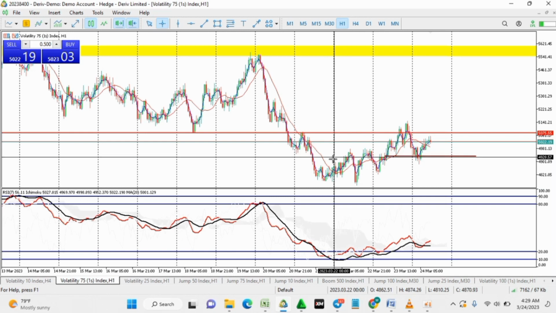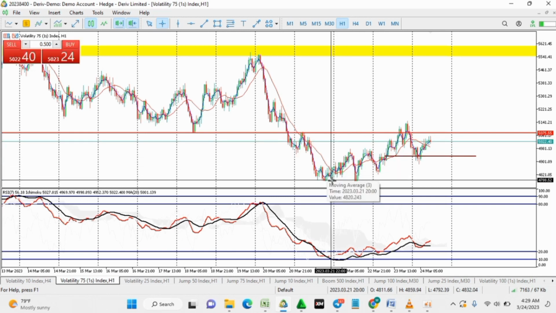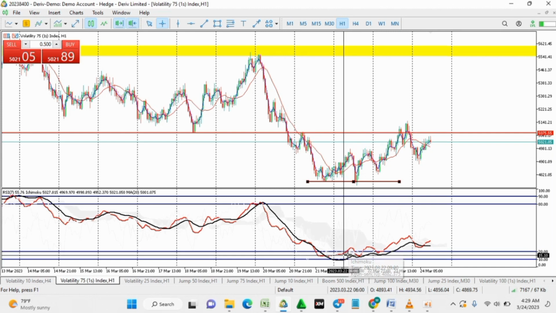Look on Volatility 75 1s. So this is a trap. Let me show you. This was a trap. After this rejection, and already you can see price, rather the Ichimoku and moving average are already here in the 20 and 10.